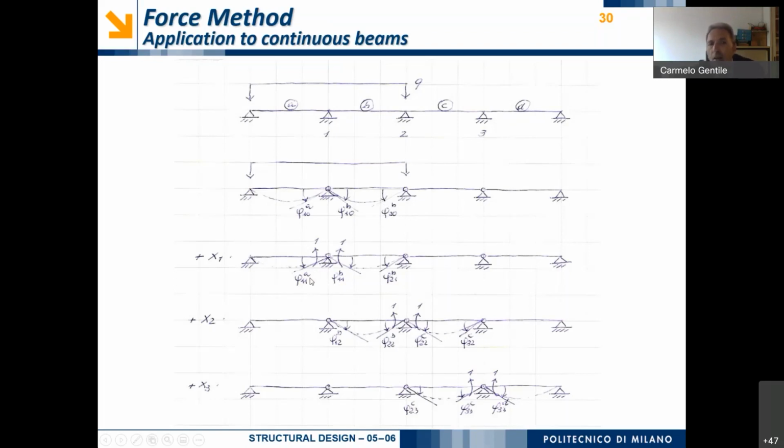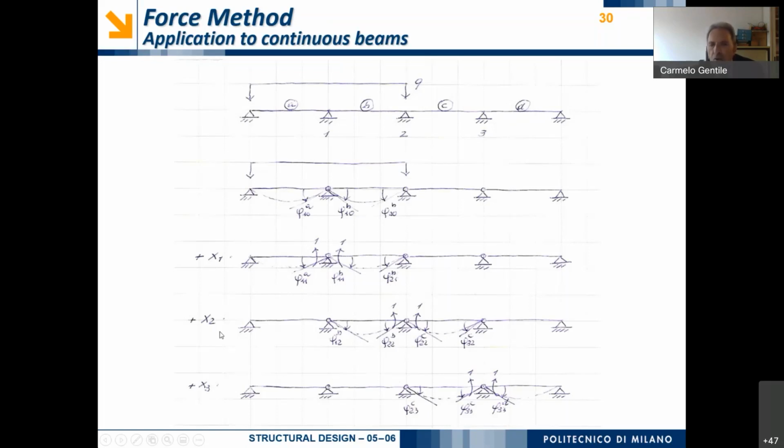And so, still, as in the previous case, we have to consider the rotation phi11A as well as the rotation phi11B. And in addition, in point number 2, we will have the rotation phi21B. Okay.